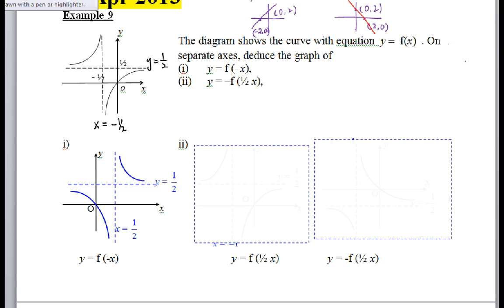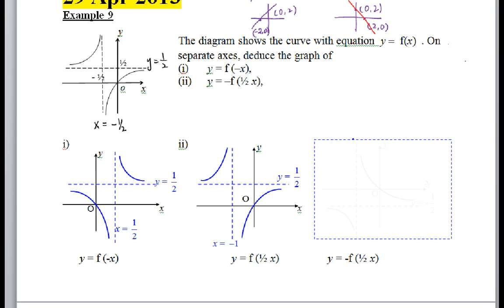So your vertical asymptote now should become x equals negative 1. Okay? What about the horizontal asymptote? Should not change because you're not going to do anything to your y coordinates. So let's do a quick check. It should still pass through the origin. You see here, it passes through the origin. It's that easy.